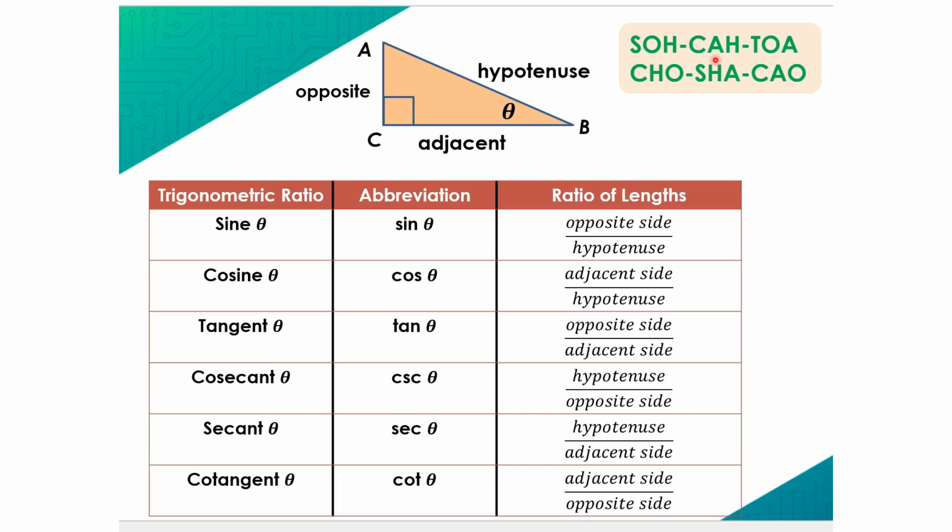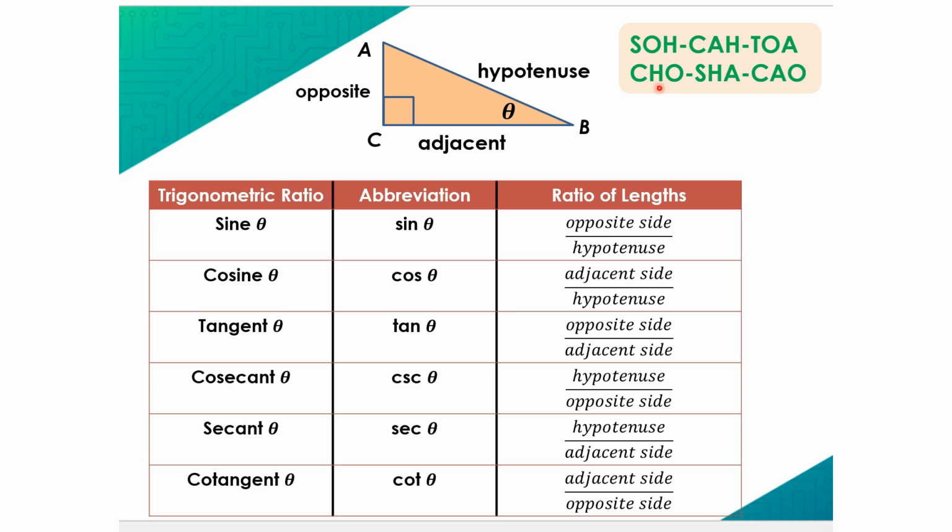CAH means cosine, adjacent, hypotenuse. And TOA means tangent, opposite, adjacent.